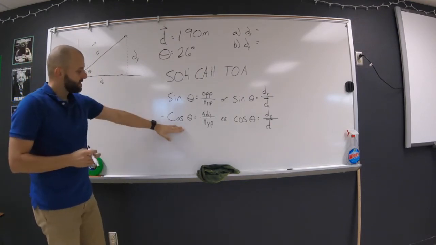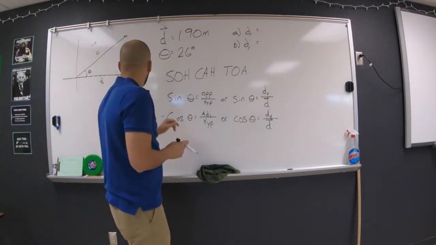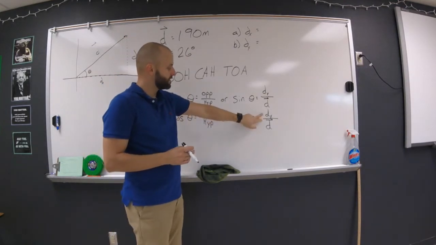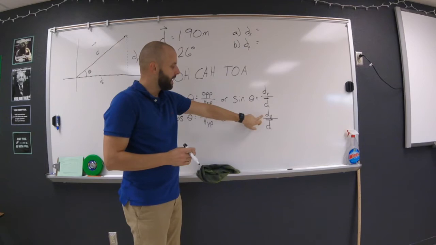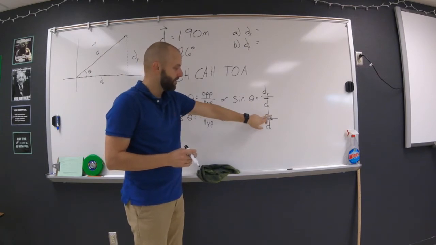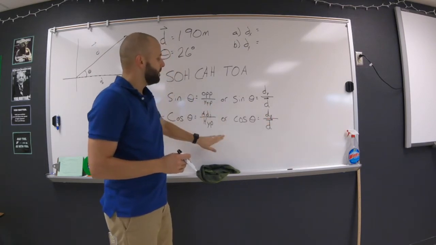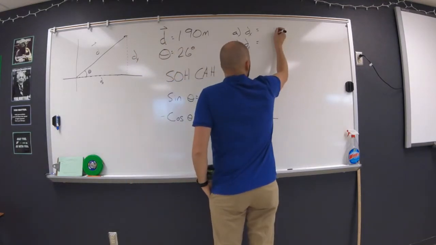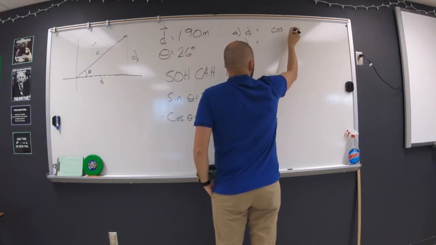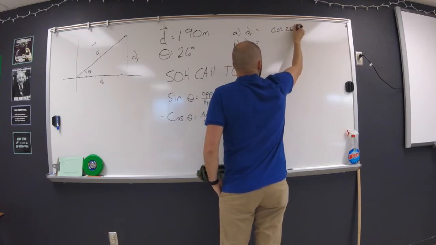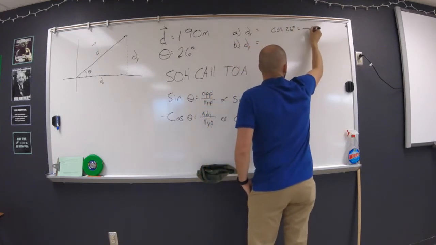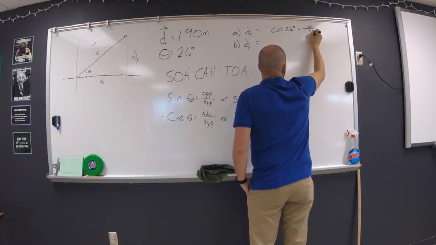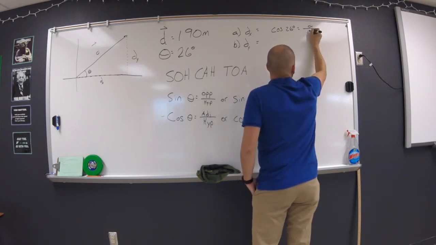So that being said, we're going to take this cosine theta and use this formula here, because you can see I want to solve for the vector in the x direction. So we say we want to use cosine of 26 is equal to dx over 190 meters.